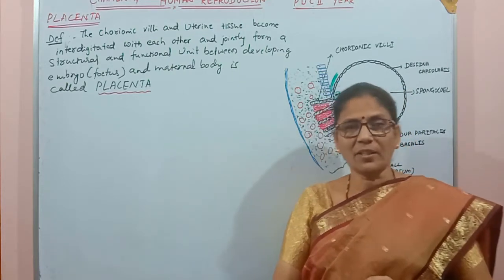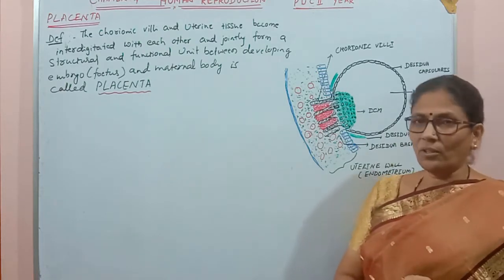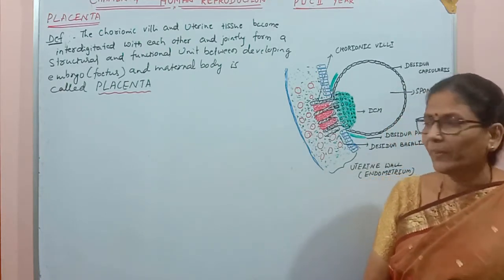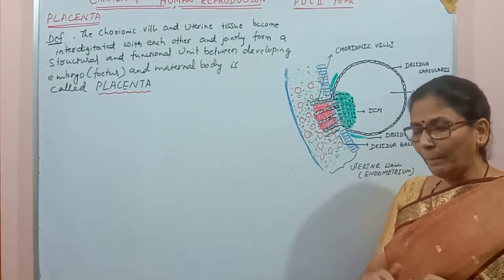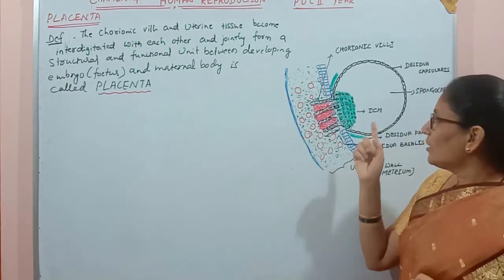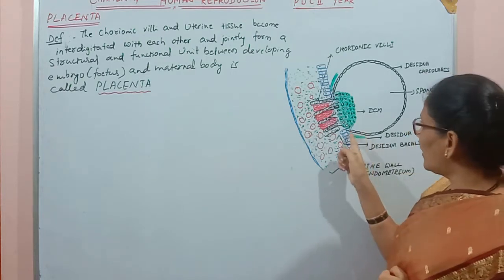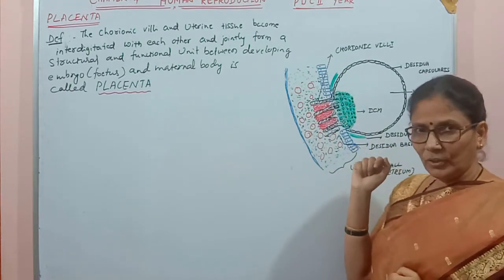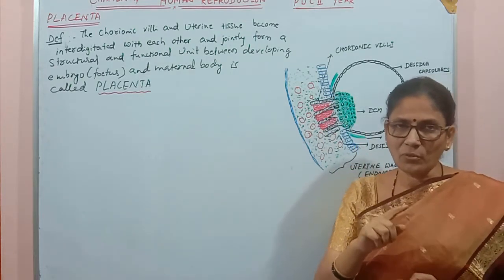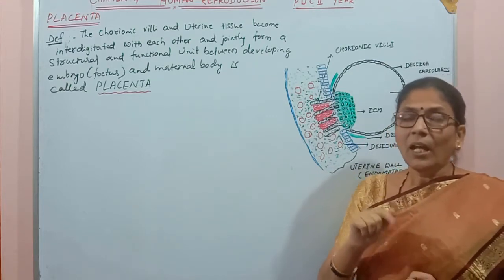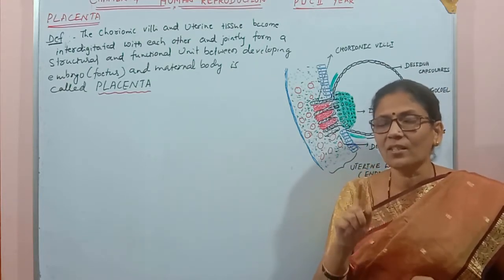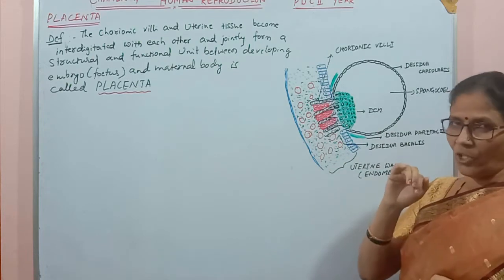So now we'll start with the structure or how it is formed. So after implantation, the chorionic villi are forming from the outermost layer of blastocyst. So the outermost layer of blastocyst is called the trophoblast, and these trophoblast cells are forming finger-like projections.